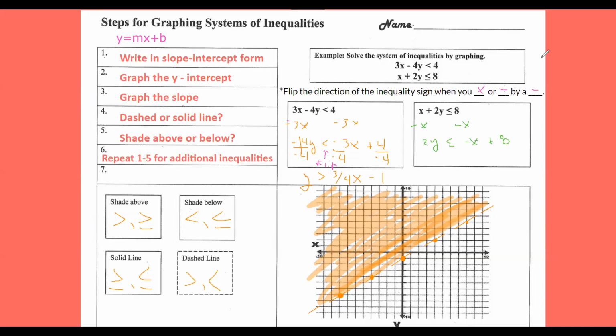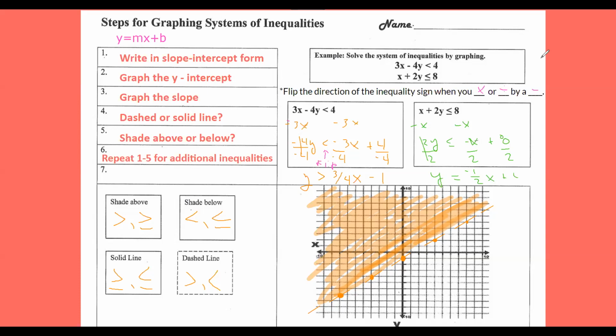We've got to get y by itself, so we're going to divide everything by 2. These cancel. So we've got y is less than or equal to, remember there's an invisible 1 there, negative 1/2 x plus 8 divided by 2 is 4.